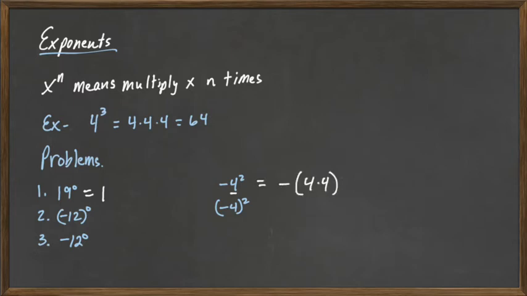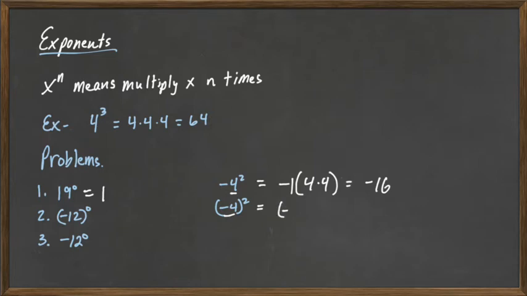In other words, we're going to square 4 first. 4 is my base, and then we're going to apply a negative to it. So here we're going to get negative 16 because 4 times 4 is 16, and then we apply the negative. The other way to think about it is we're multiplying negative 1 times what we get when we multiply 4 times 4.